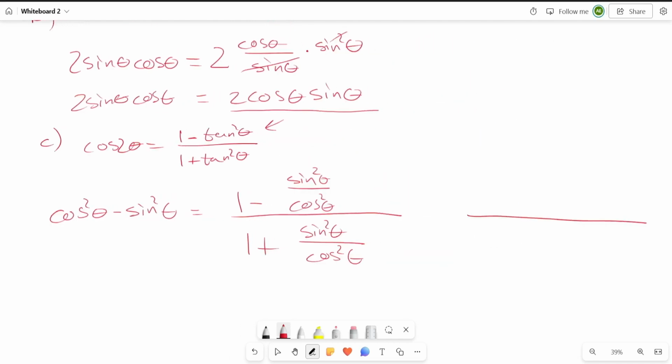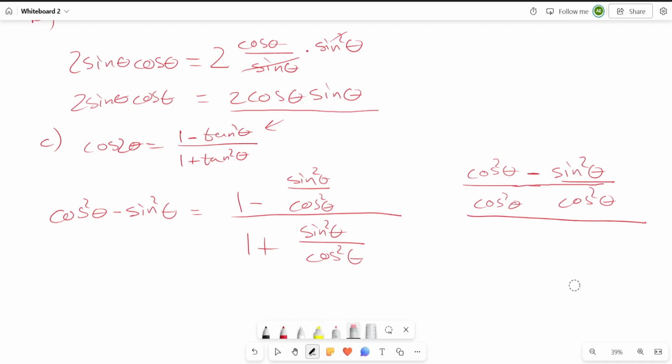So let's start by looking at the top part. To make this one a common denominator, I can multiply up and down by cosine squared theta. So cosine squared theta over cosine squared theta. This is exactly the same as 1, so I didn't change anything. Okay, but now it allows me to add, since now I have the common denominator of cosine squared theta. So I can just subtract them.